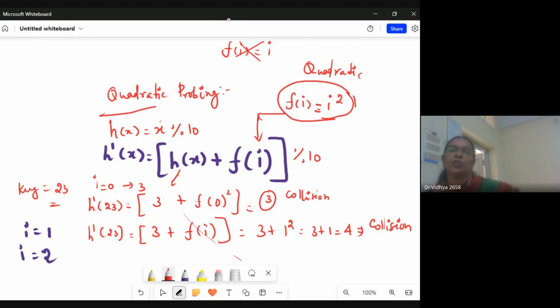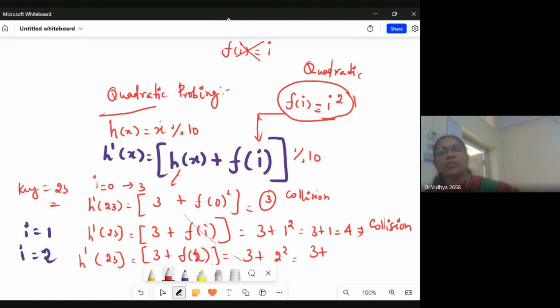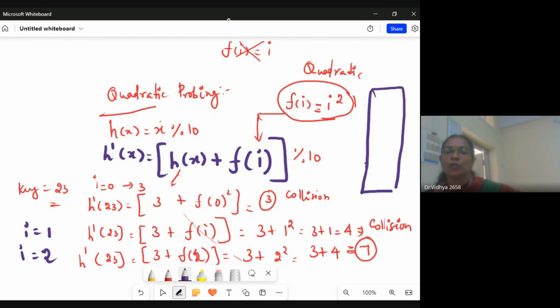When i becomes 2, h dash of 23 equals 3 plus 2 square, which is 3 plus 4 equal to 7. Now we found position 7. In our list, we don't have an element at position 7. So obviously this element 23 will be placed at position 7.